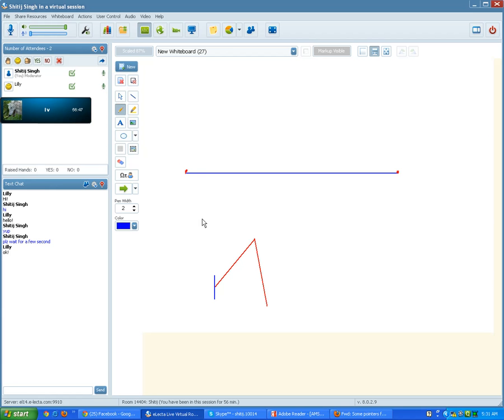You have to take this end point, which I'm drawing with the light blue color, and keep it over here. Then you have to stretch the compass more than half. You can roughly make an idea of where half may be, so you can arrange the compass till over here.